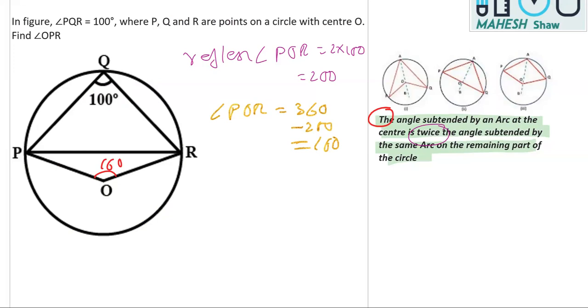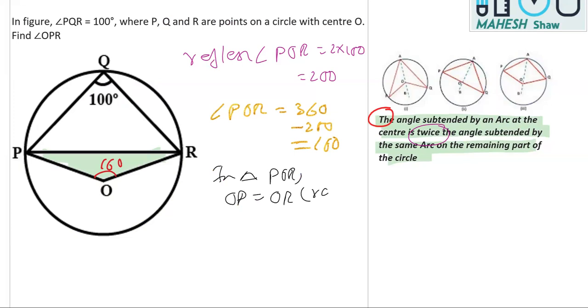Now that we know this angle is 160, we are going to use the isosceles property in triangle POR. We have OP equal to OR, because radii of the same circle are equal.